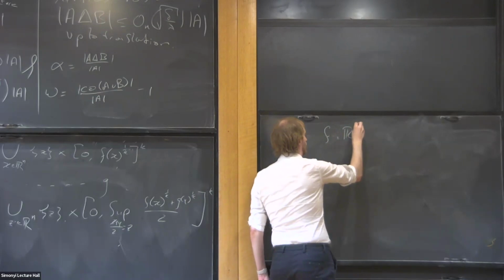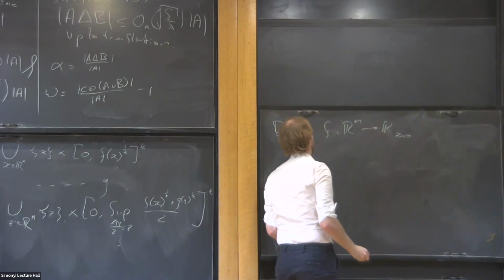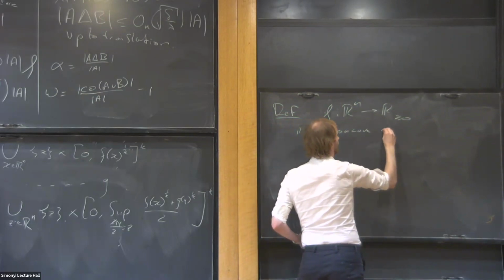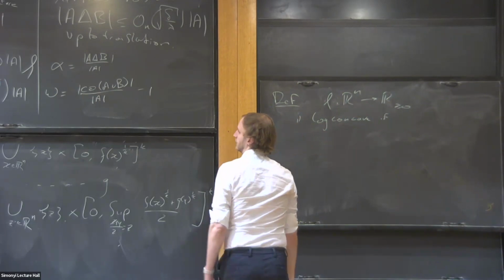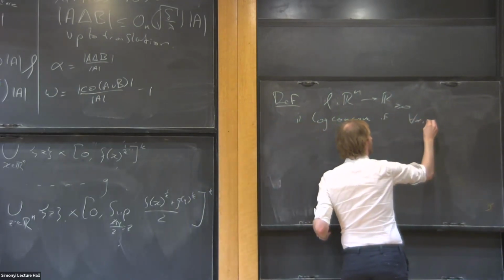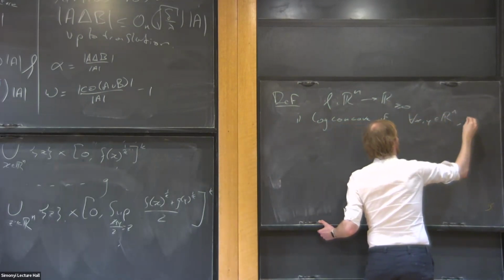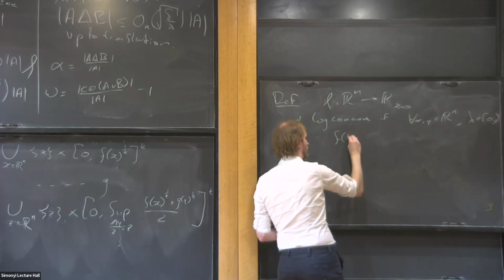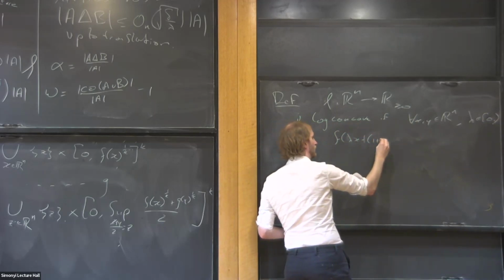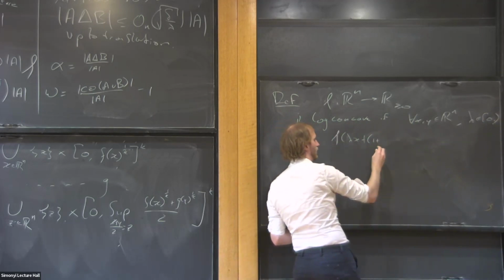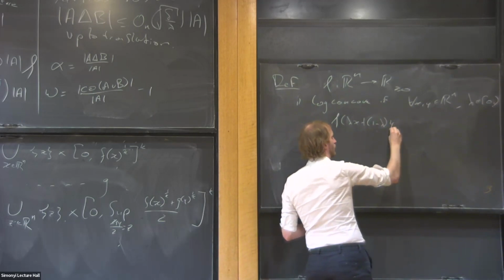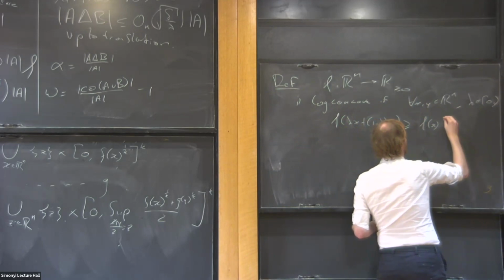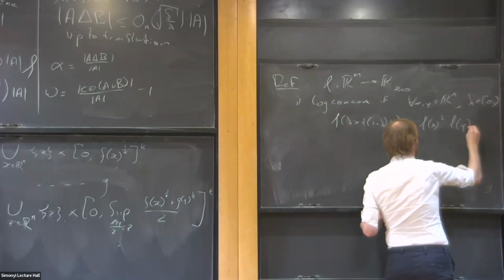So a non-negative function L, let me say L is log-concave if for all x and y in R^n and a lambda between 0 and 1, I have that L evaluated at the average between two points x and y is at least the geometric average between the two.